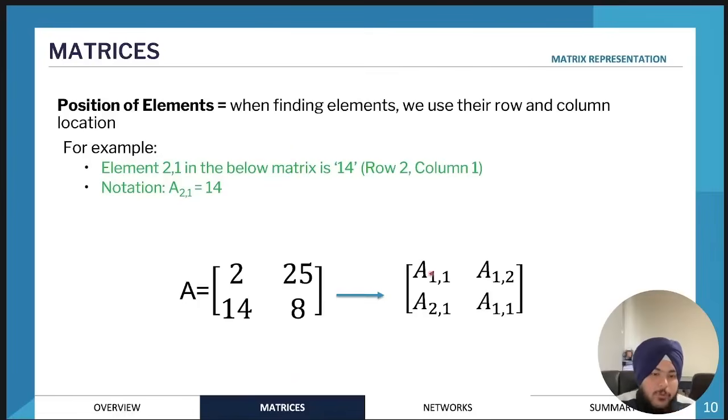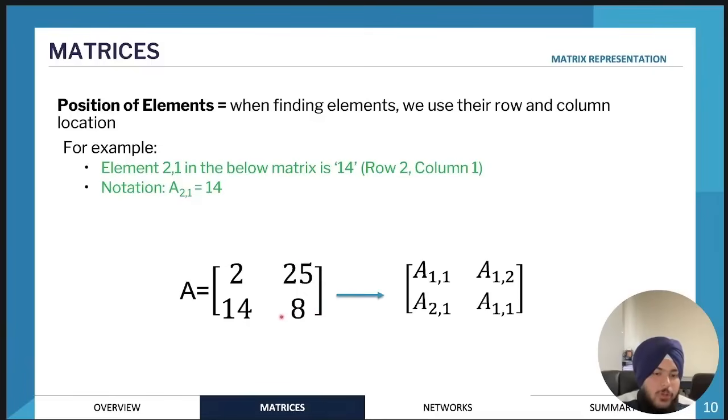So for example, if I wanted to point out what this element was, the way that I would denote this element would be A, the name of the matrix, and then the row. This element is in row 2, so row 1, row 2, and column 2.